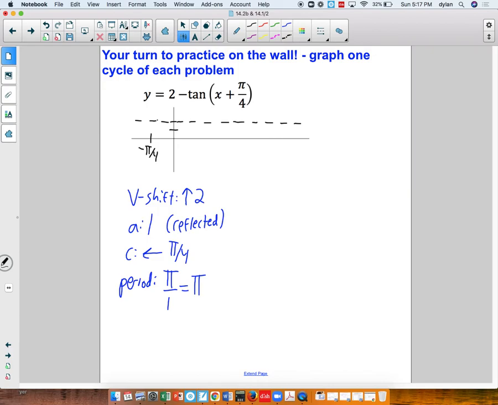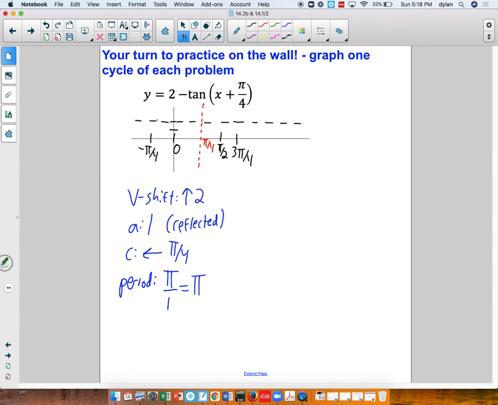Our last point would be at 3 pi over 4 because our total period is pi, or 180 degrees. And then halfway in between those, we're going to draw in our vertical asymptote. And halfway in between the two would be at positive pi over 4. And then we also have points at 0, as well as 2 pi over 4 or pi over 2.